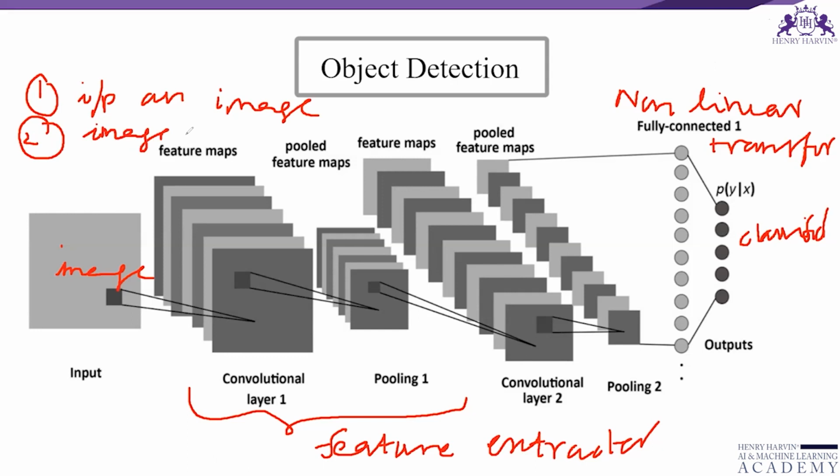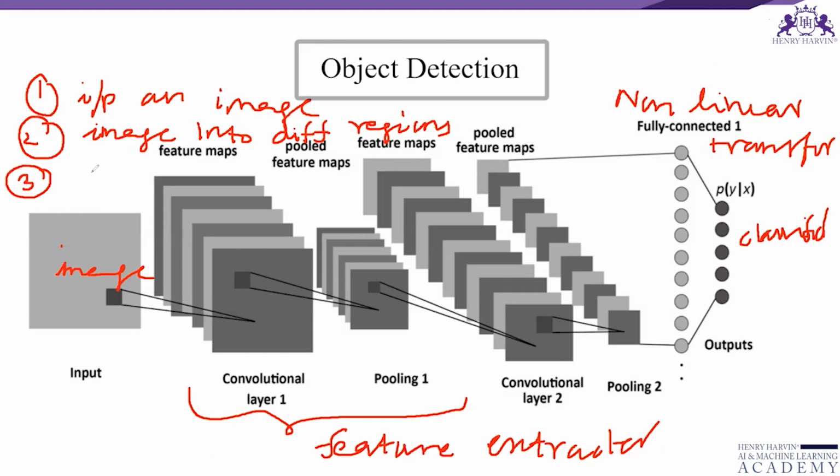Then the third step is that each region will be considered as a separate image, and these regions will be passed to the CNN, which will classify them into different classes, right? And then all the regions will be combined to obtain the original image with the objects detected in it.